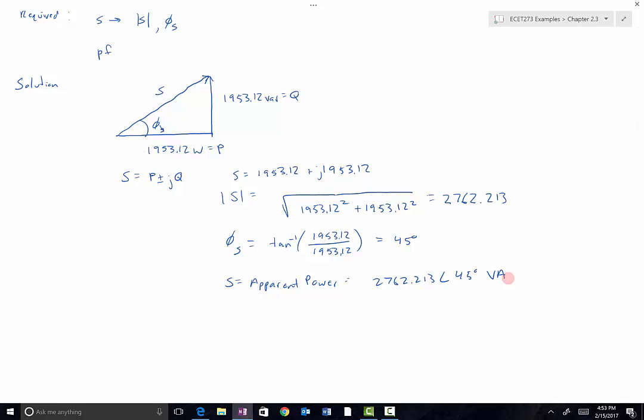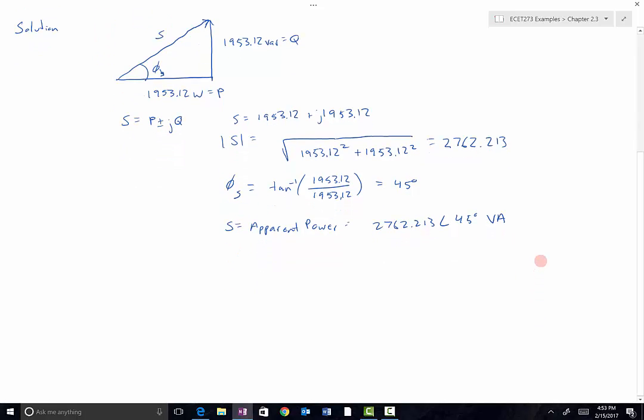The power factor can be determined a variety of ways. By definition, the power factor is the ratio of real power in a circuit to apparent power in a circuit. So we can just do simple division, take 1953.12, the base of the triangle, and divide it by 2,762.213, the hypotenuse of the power triangle, and we get an answer of 0.707.